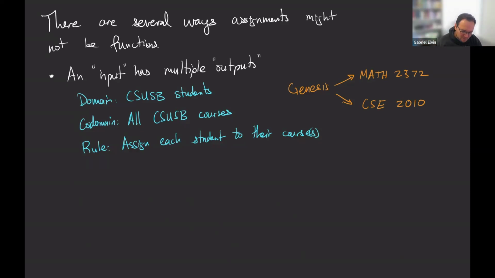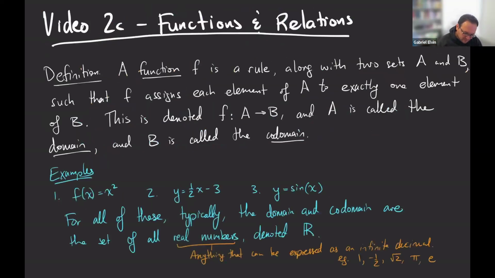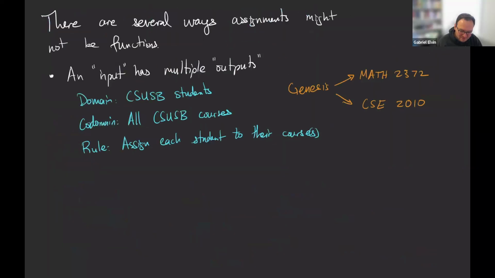Because for a function, remember, it assigns each element of A, that would be the student, so that's okay, but to exactly one element of B. Well, they're in more than one course, so not a function.